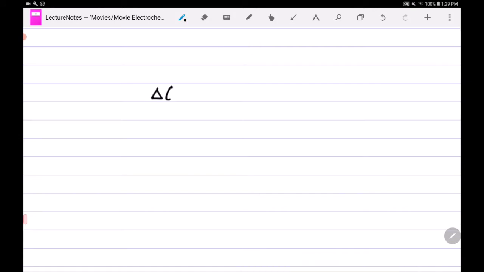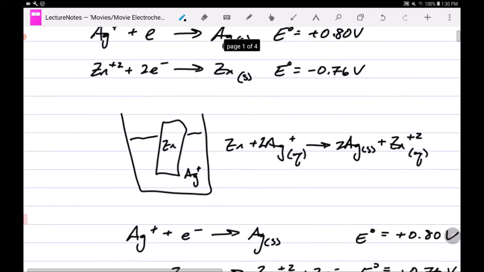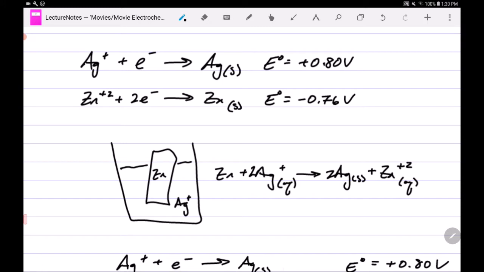The reason for that is delta G0 equals negative NF E0. So if I have the cell potential and I want to find delta G0, N is the least common multiple of the number of electrons being transferred.